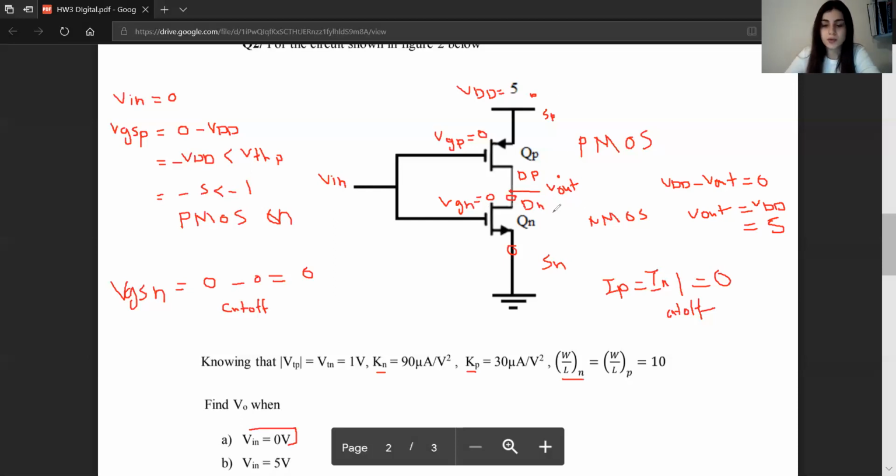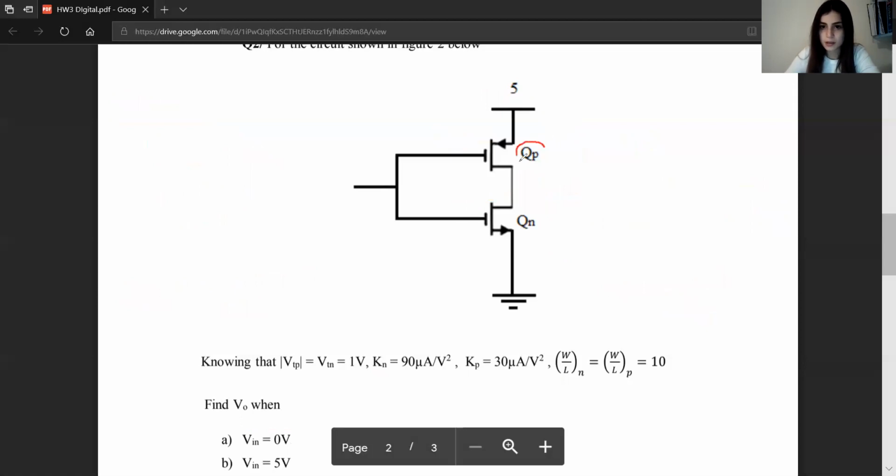Another way to prove that V output right here will equal 5 is that, since this PMOS is on, let's assume that it's operating in saturation. So I of P equals half capital K of P, I'm sorry, where capital Kp is equal to W over L of P times small kp.